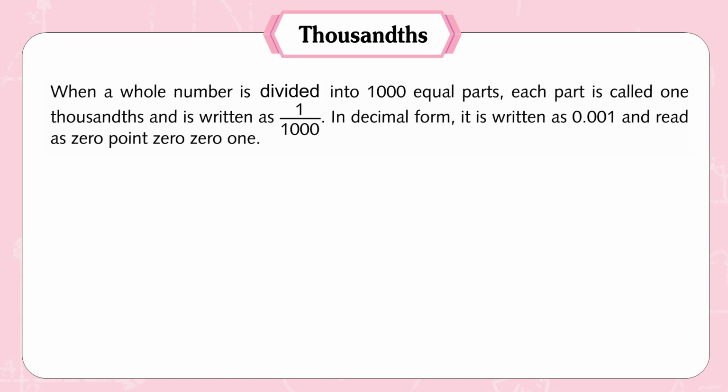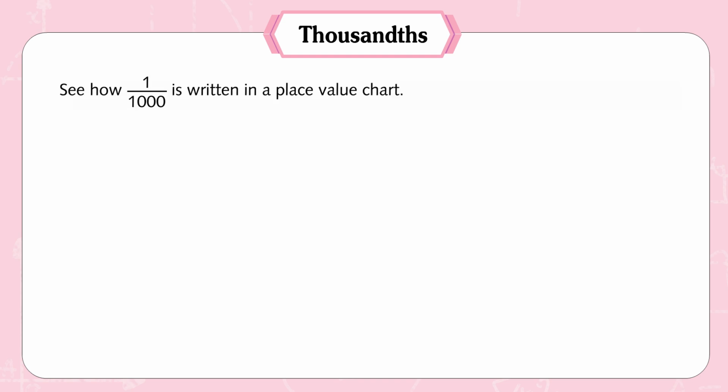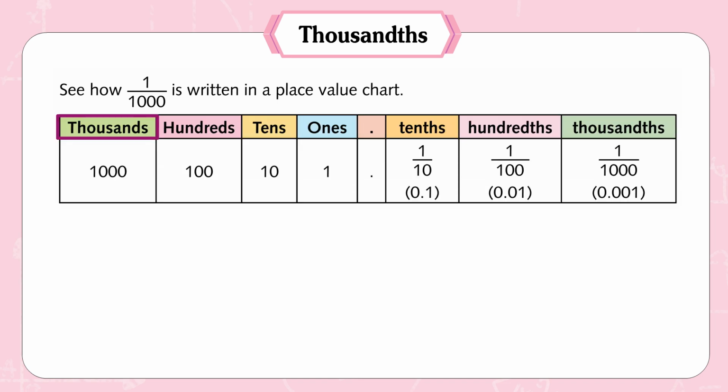Thousandths. When a whole number is divided into 1000 equal parts, each part is called 1000th and is written as 1 by 1000. In decimal form, it is written as 0.001 and read as 0.001. See how 1 by 1000 is written in a place value chart. Thousands, hundreds, tens, ones: 1000, 100, 10, 1.